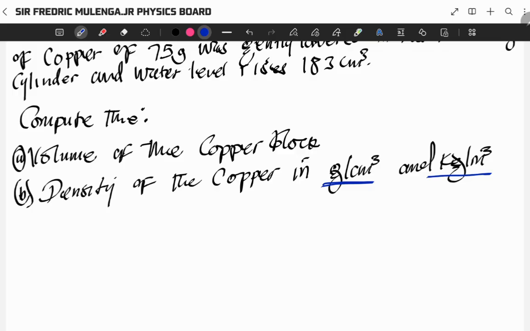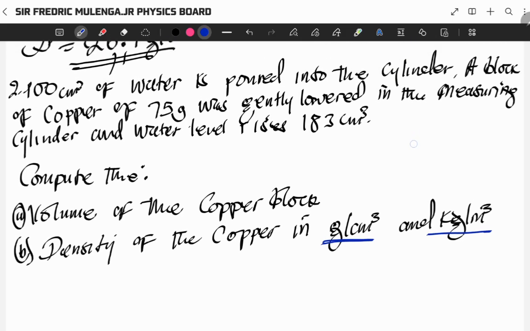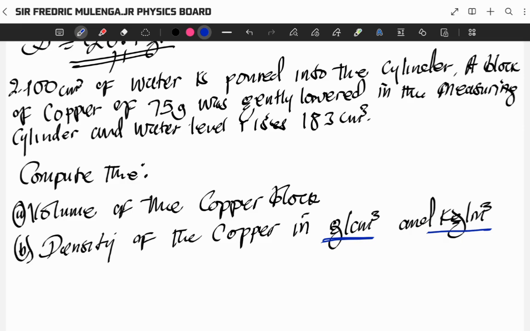Okay, so we have this question, a very nice question that is testing all the concepts that we've learned today. So the question reads, 100 centimeter cubic of water is poured into the cylinder. A block of copper of 75 grams was gently lowered in the measuring cylinder, and the water level rises to 183 centimeter cubic.